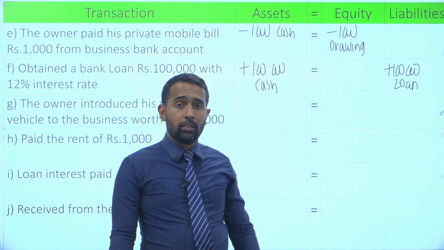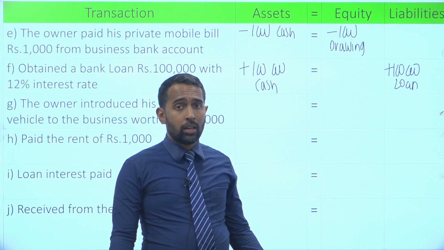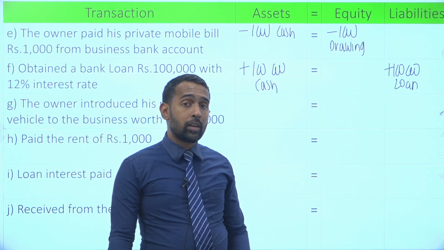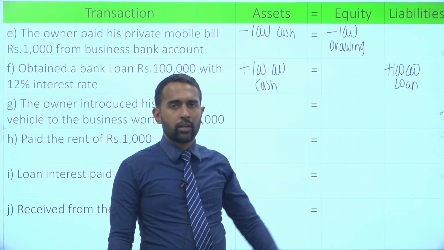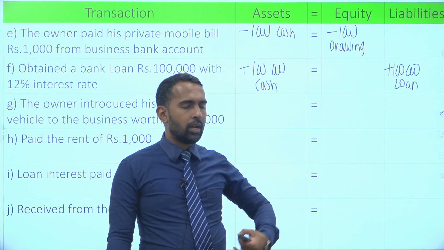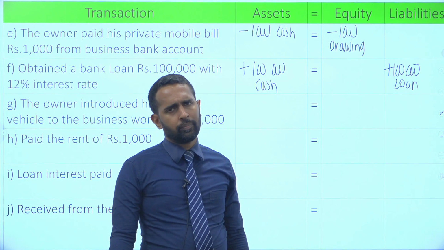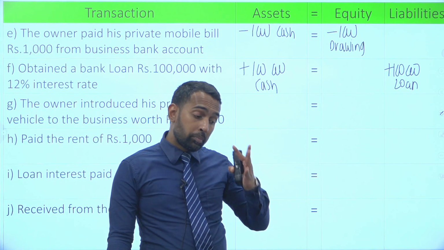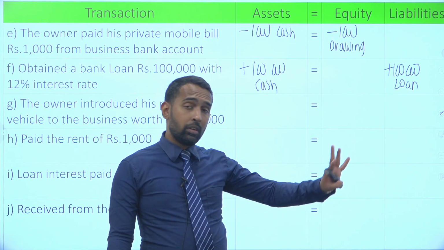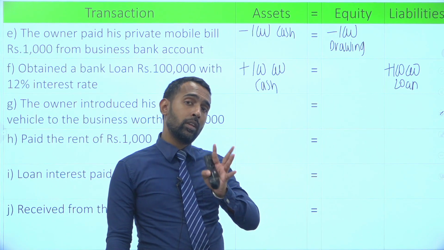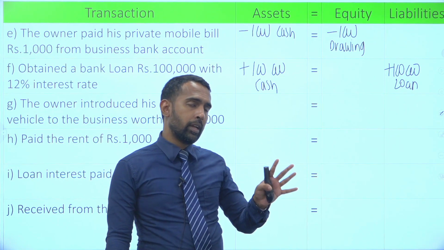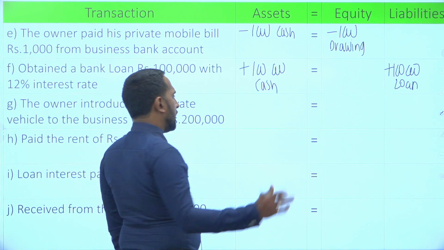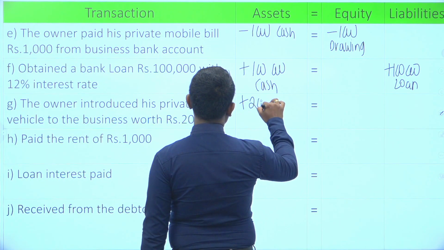He says, this is my vehicle, I don't need it for my own work anymore, you take it, I'll give it to you. So you have to think like that. Business is a separate person, and the owner is a separate person. So we got a 200,000 worth vehicle. Asset goes up by 200,000.